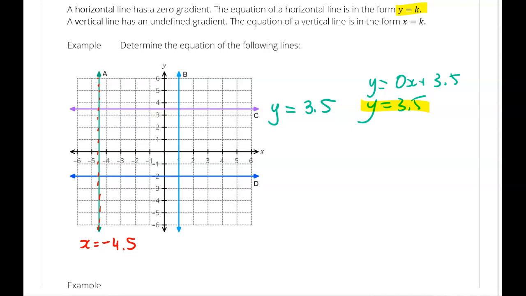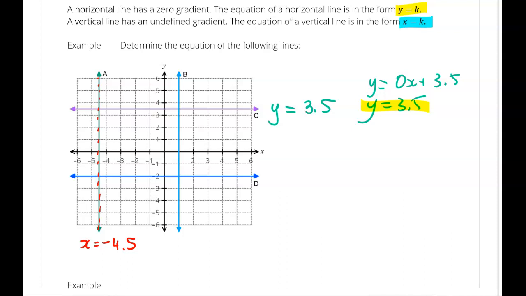So that's how we can remember the vertical line equation. And there's the general form there. X equals. So that's the only exception to your y equals mx plus c rule. Every other line can be written in that form, y equals mx plus c.